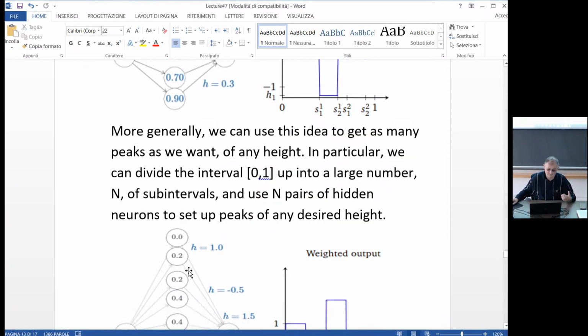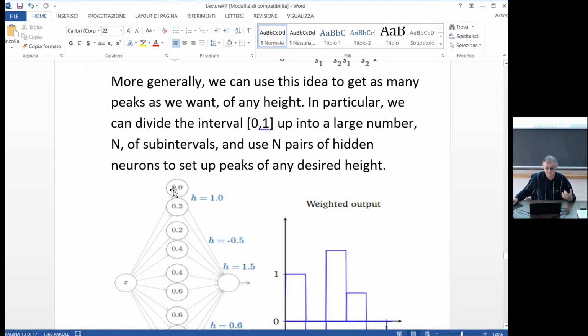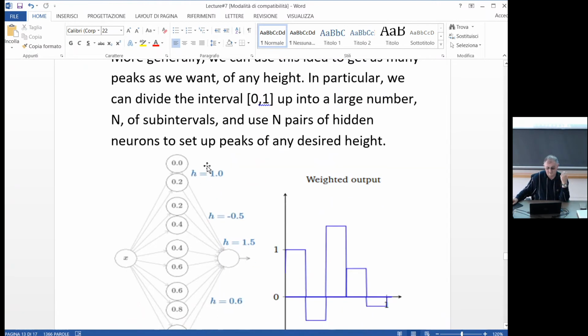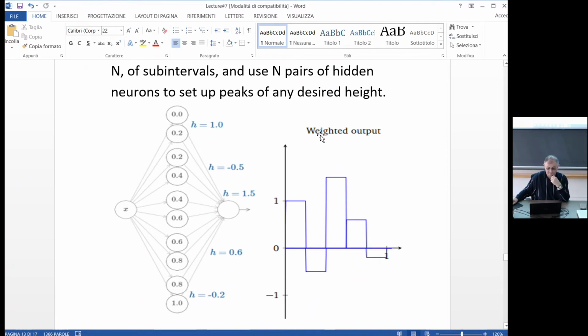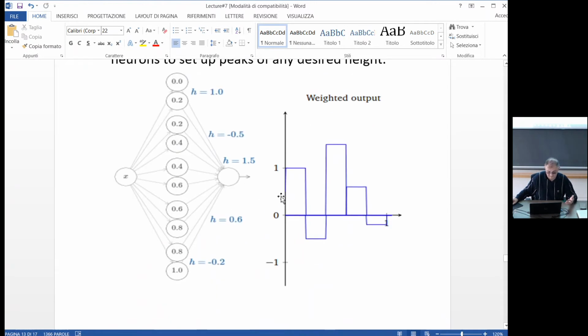This is why we should have the hidden neurons in pairs. So n pairs of hidden neurons to set up peaks of any desired height. So we can now construct such a discrete approximation of our function.